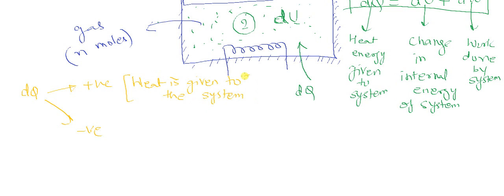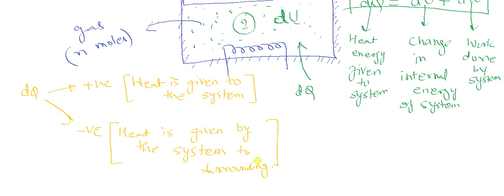We can also say that heat is absorbed by the system. When it is negative, that means heat is given by the system, obviously to the surroundings. So this is the sign convention for dq.